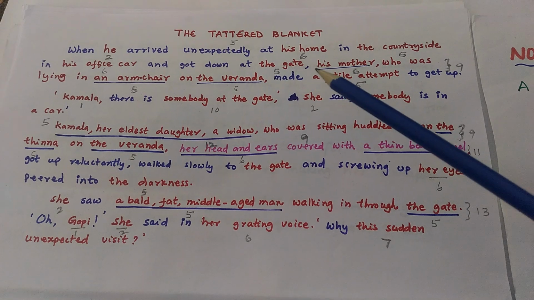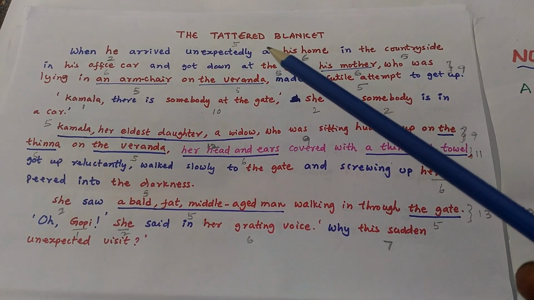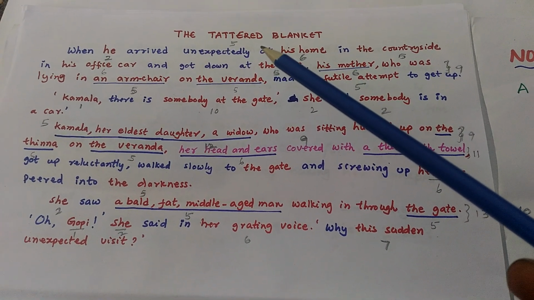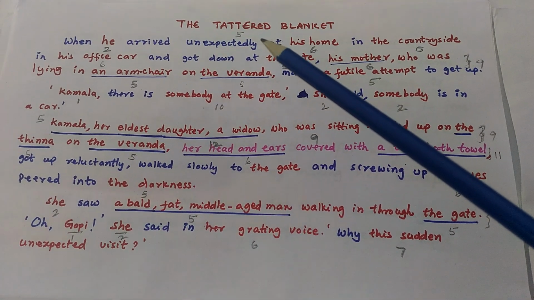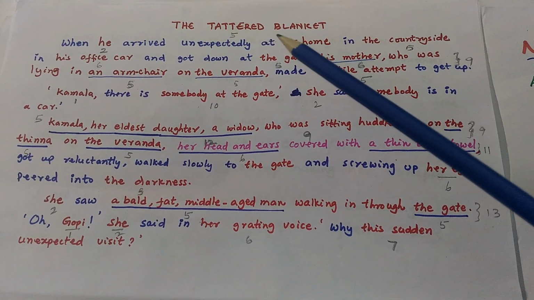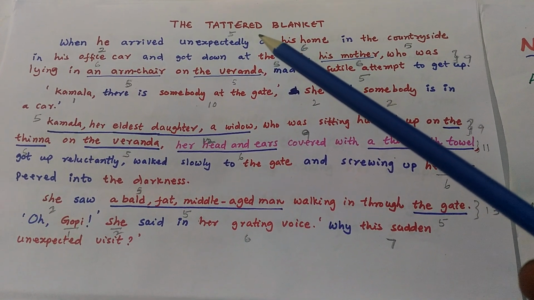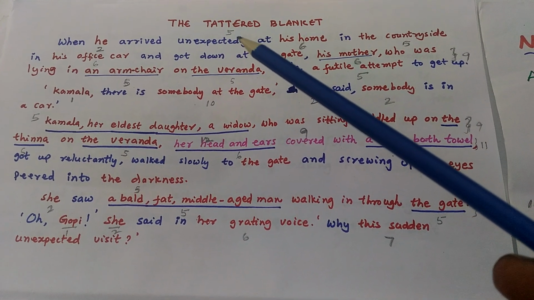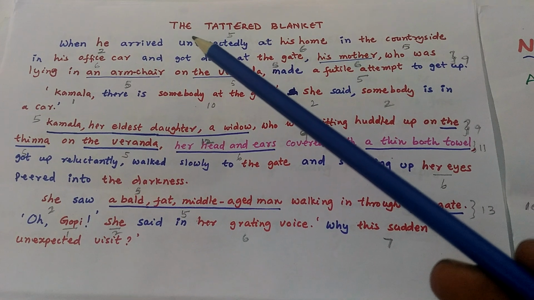So whenever we say that this is a noun phrase, then what is the cause? What is the indicator by which we say that it is a noun phrase? For example, the tattered blanket is there, heading. Here it is a noun phrase. Why do we say that it is a noun phrase? Because of the indicator number 5. The indicator number 5 says that it starts with the article.